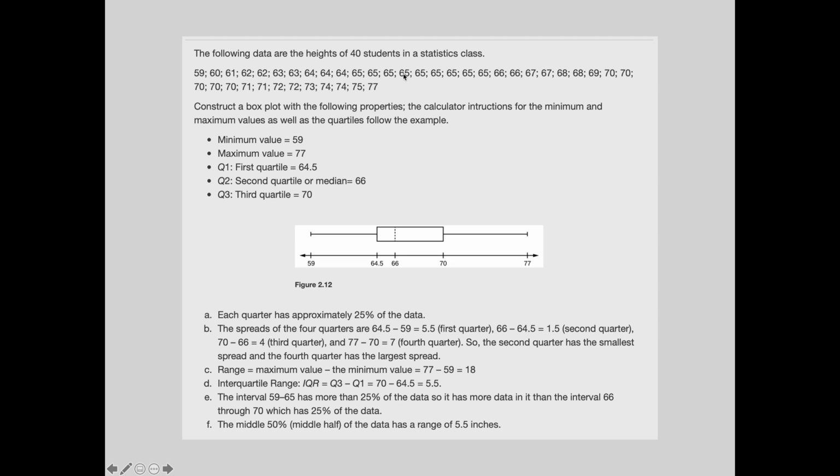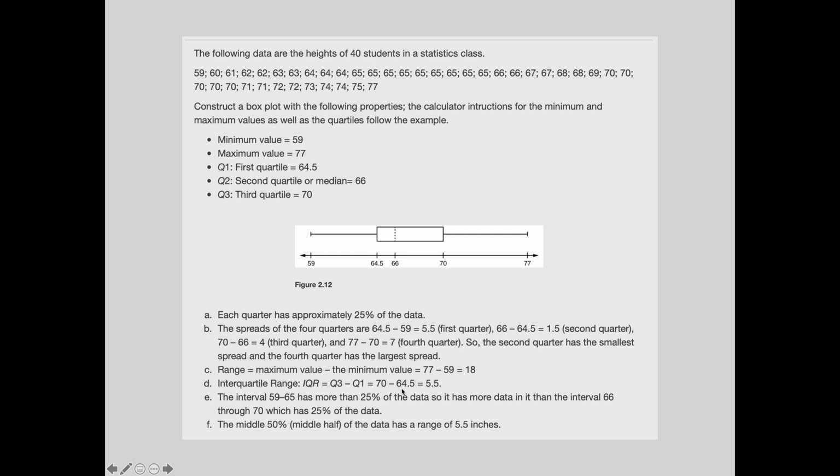If you look at the list of heights, in the middle here, 64, 64, 64, 65, 65, 65, 65, and so on, there are so many people with that height, it only covered a short number of heights that 25% of those people were crammed into. 25% from 66 to 70, and 25% from 70 to 77.